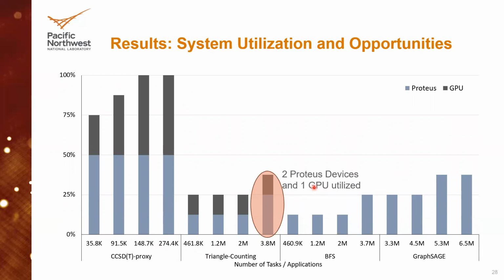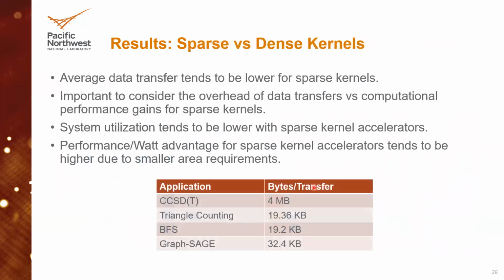So there is an opportunity to get better performance, but with even fewer devices. This is a result showing an aspect of data communication, where for sparse kernels, the average data transfer tends to be lower as compared to dense kernels.